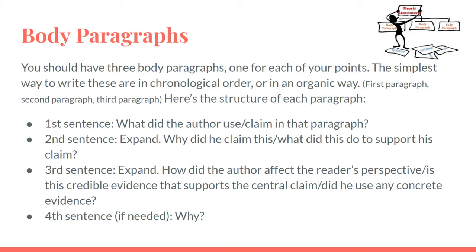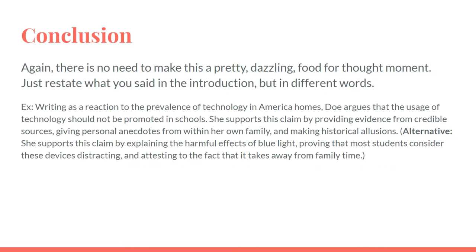Now the second and third, and if needed, 4th sentence is going to be explaining the rhetorical choices that the author made in order to properly support this subclaim. And then at the very end of that paragraph, you want to talk about how that subclaim and all that they did to support that subclaim goes back into supporting the central claim.